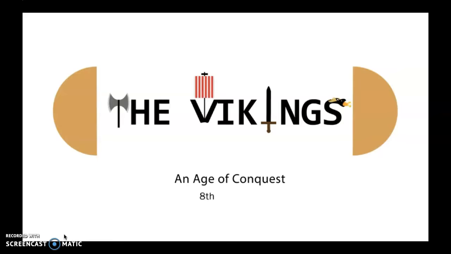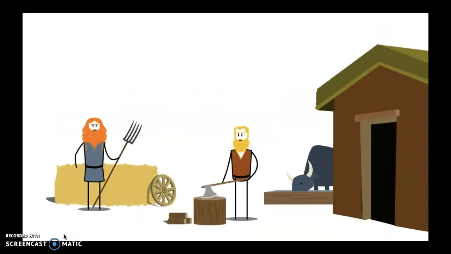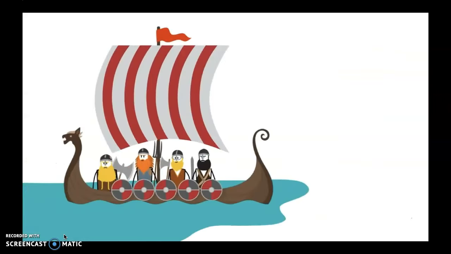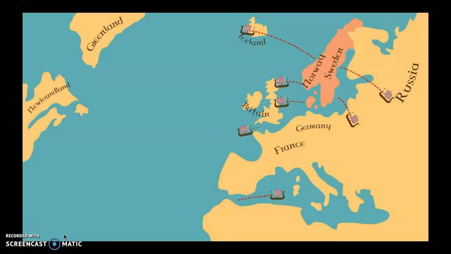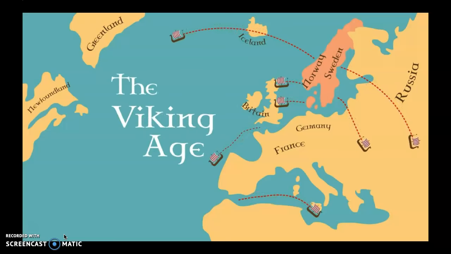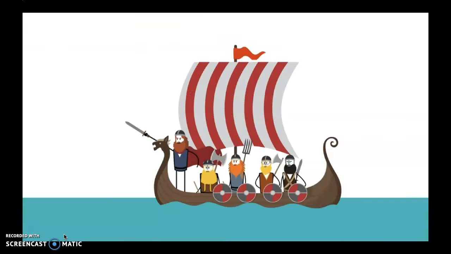The Vikings, an age of conquest. The Vikings were groups of warriors from Scandinavia who between the 8th and 11th centuries left their homes in order to raid and settle in Europe, Asia, and the North Atlantic during a period known as the Viking Age. The Vikings were master seafarers.